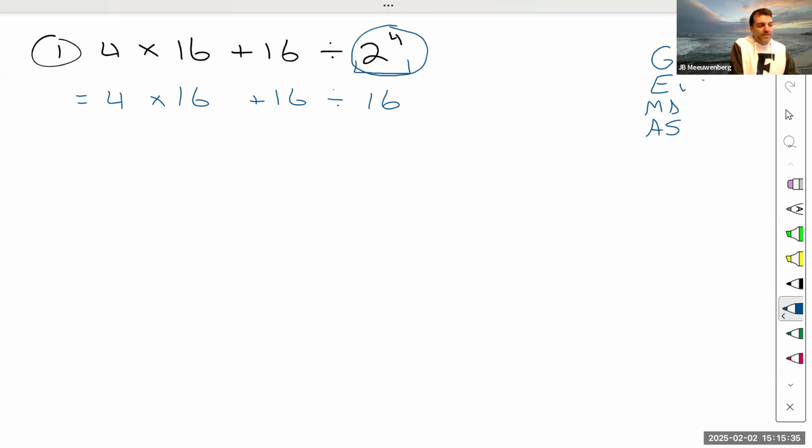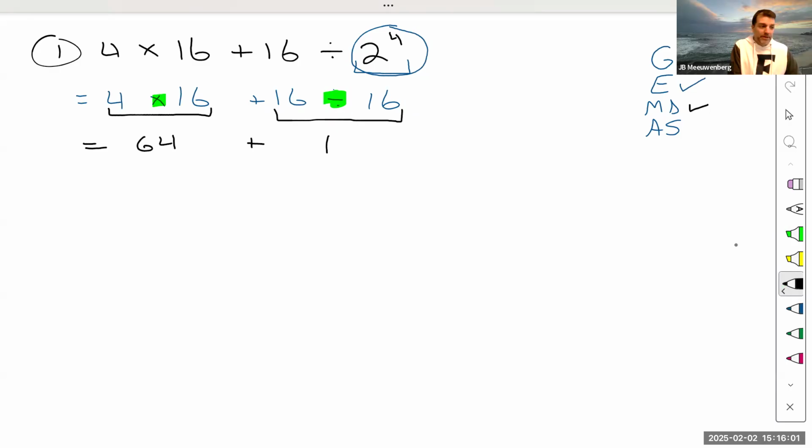There are no more exponents in our problem, so we proceed to the multiplication and division. Now I see 2 of them, one here and one here. We are going to do them from left to right. So first I will do 4 times 16, which is equal to 64, plus, and then I will do this one, 16 divided by 16, which is 1.